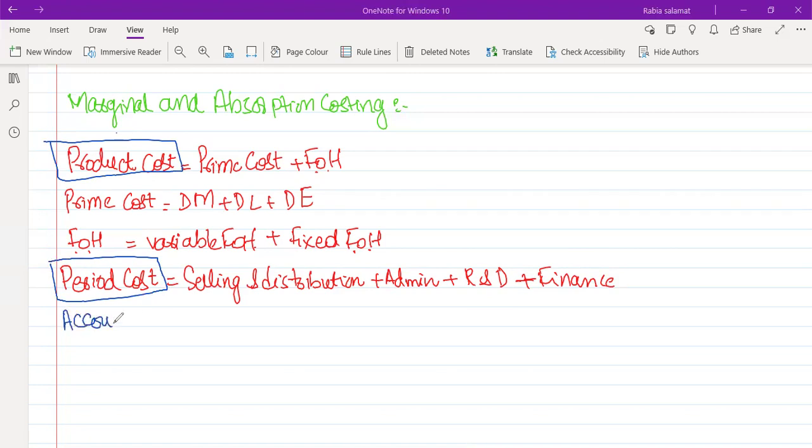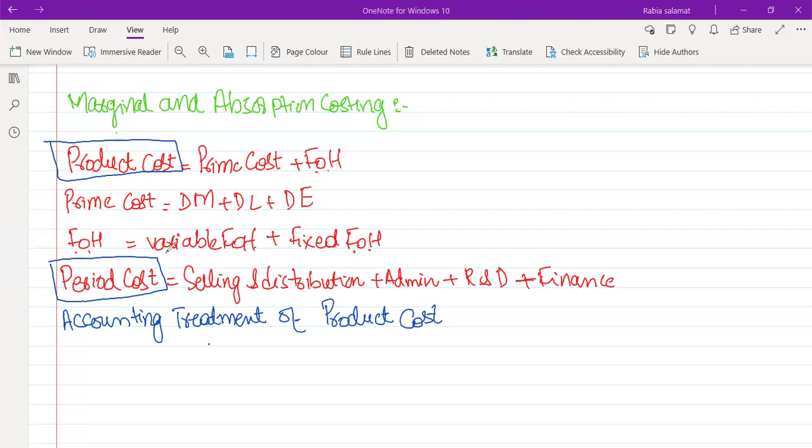Accounting treatment of product cost. When we are going to make the profit and loss statement, how will we account for the product cost?